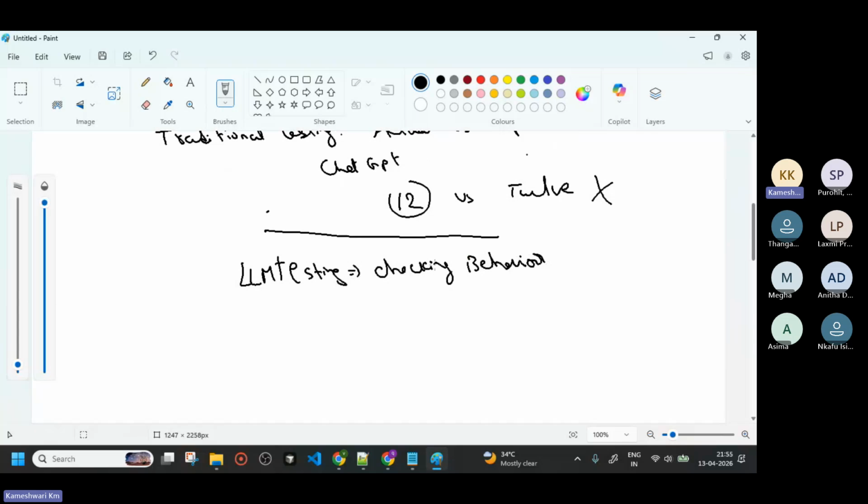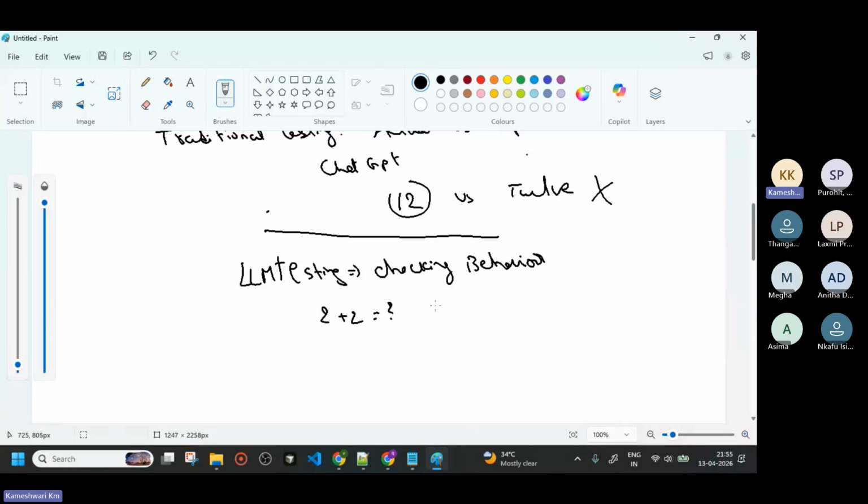The user has asked one question. Is it giving the relevant answer or not? For the same question, is it giving the relevant behavior or not? This is the majority of what we are going to do. Suppose you ask what 2 plus 2 is. Mostly we know 2 plus 2 is equal to 4. But consider behavior in the sense of people.